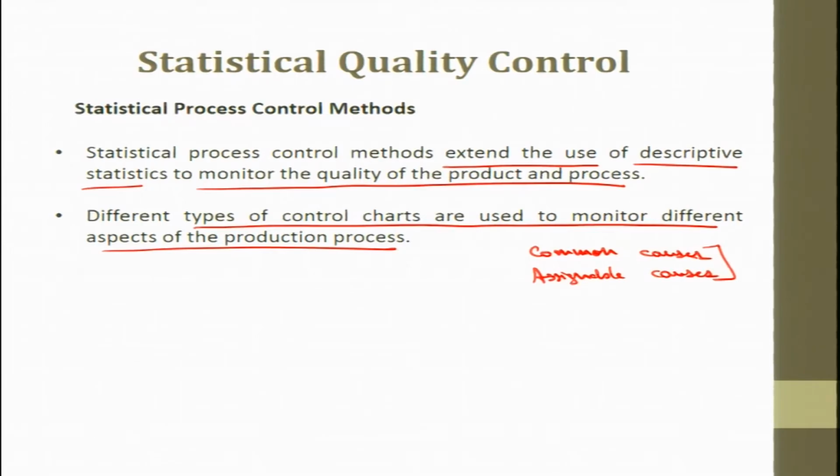So using SPC, we would like to determine the amount of variation that is common or normal. Then we monitor the production process to make sure that the production stays within the common or normal range.